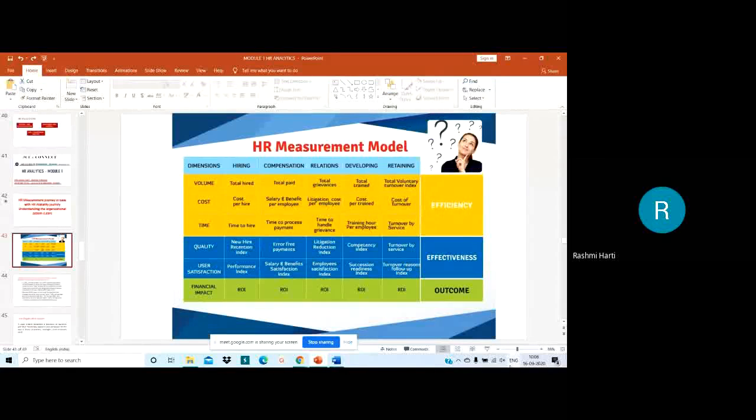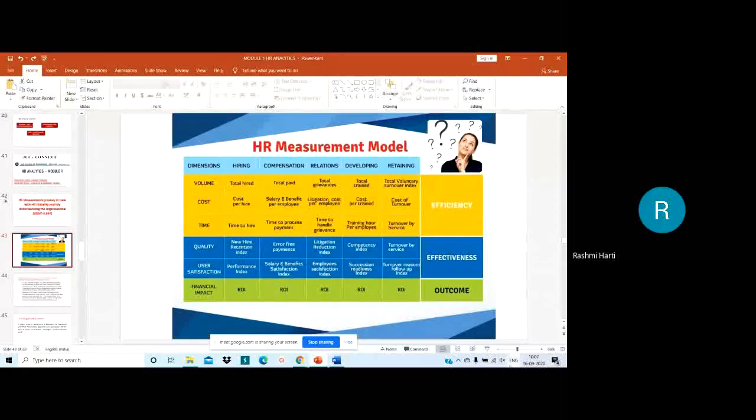Now when we speak about cost, a very important factor when it comes to the human resource department, you should have an apt cost per hire. You should pay the best salary as well as benefits per employee, and see to it that the ROI, return on investment, is also there from the employee side.